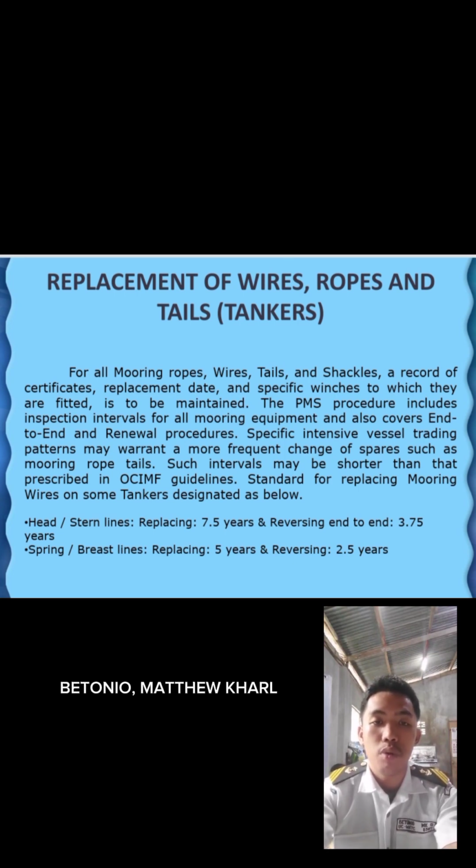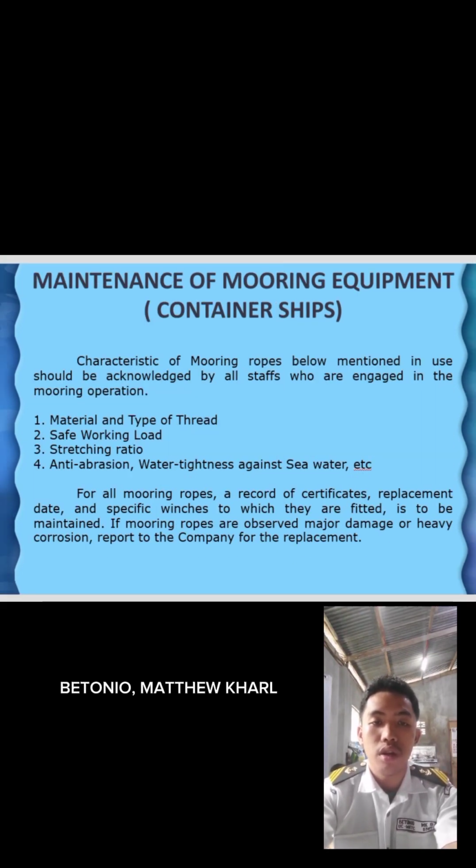Maintenance of mooring equipment. The characteristics of mooring ropes mentioned below should be acknowledged by all staff who are engaged in the mooring operation. First, material and type of thread. Second, safe working load. Third, stretching ratio.